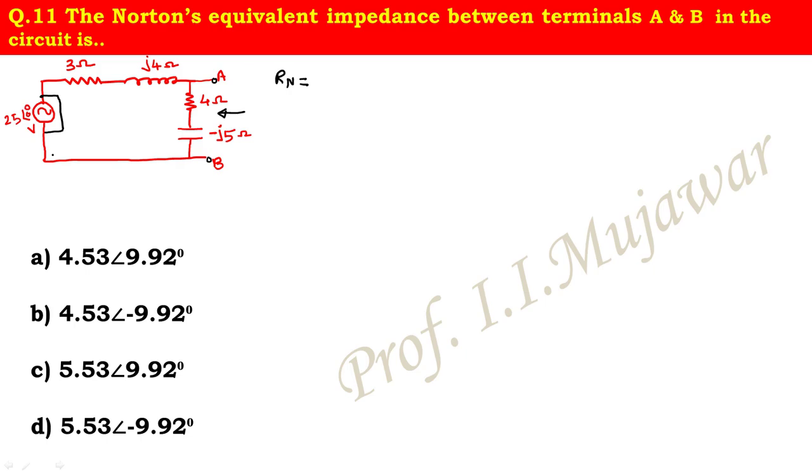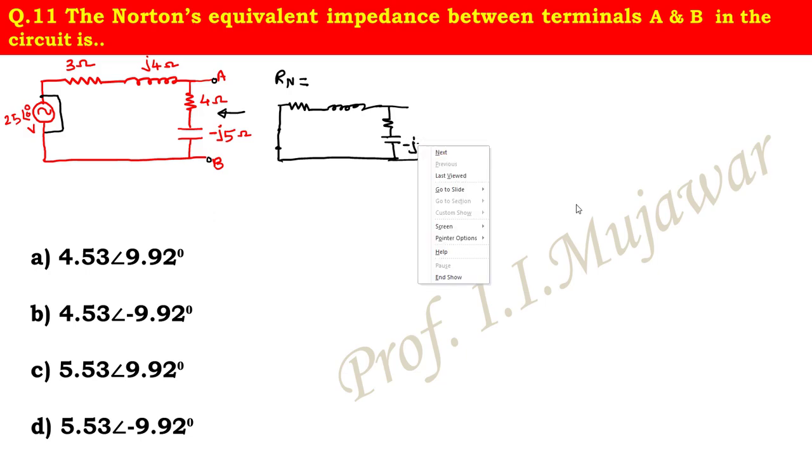So whatever the equivalent circuit is, it comes out to be like this one. So this is 3, j4. Now here we have the short, that means the voltage source is replaced by a short circuit. Now this value is as it is, that is 4 in series with a capacitor, and its impedance, or the capacitive reactance, is given by minus j5.